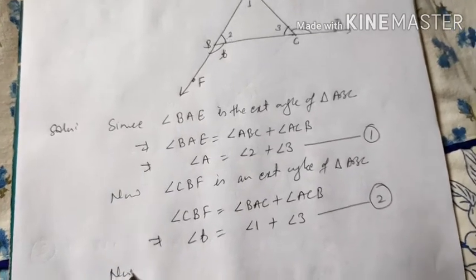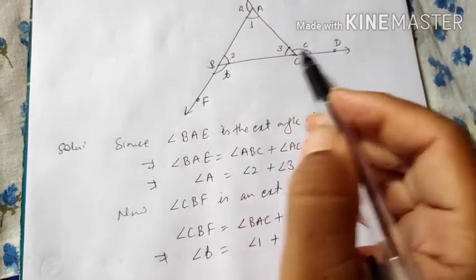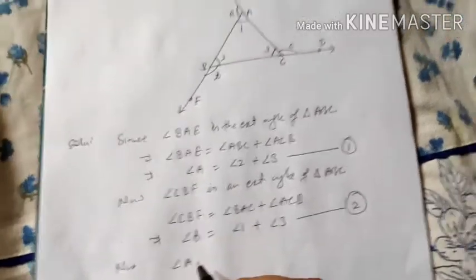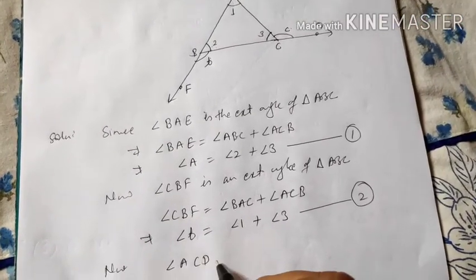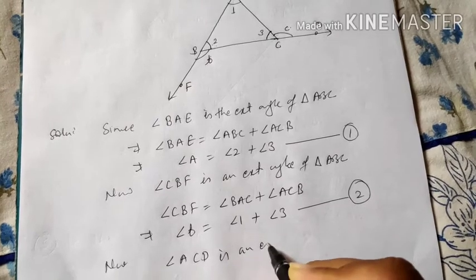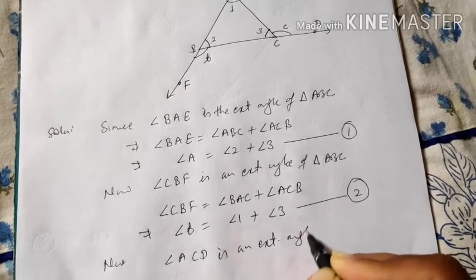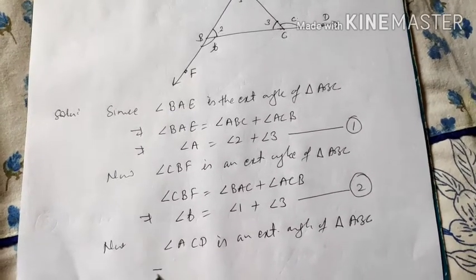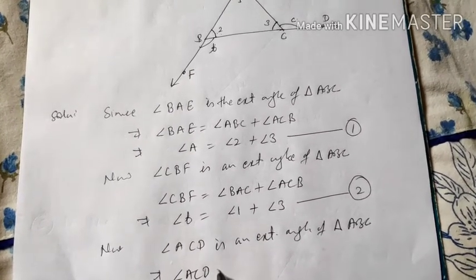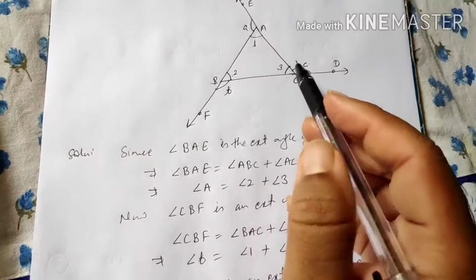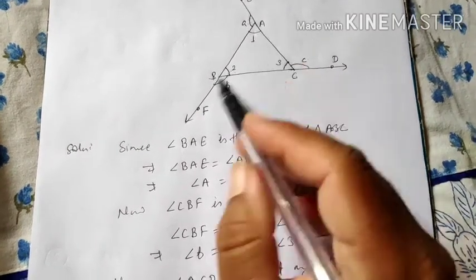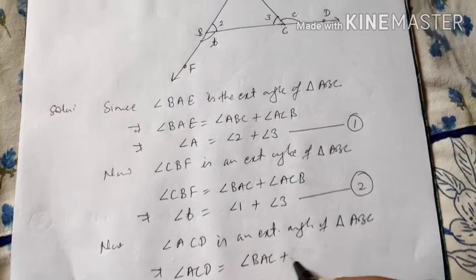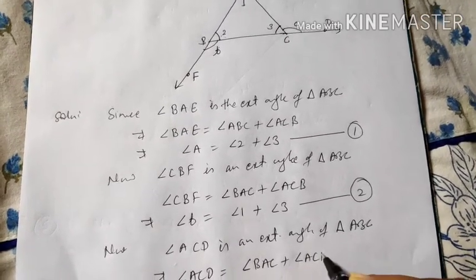Now again, angle ACD is an exterior angle of triangle ABC. So this implies angle ACD equals angle BAC plus angle ABC.